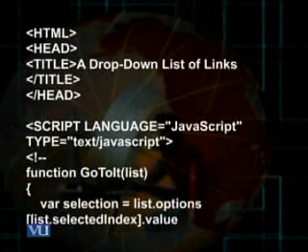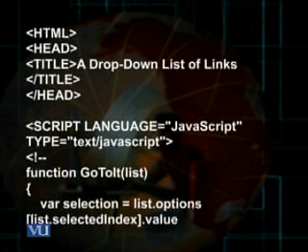So you can see that we start with the HTML tag, then the head tag, and I have given it a title, a drop down list of links, head close. Then I start the script tag, language JavaScript, type text/javascript, and then I define a function here. The function's name is goToIt. Function goToIt, and it has within the brackets a word list.